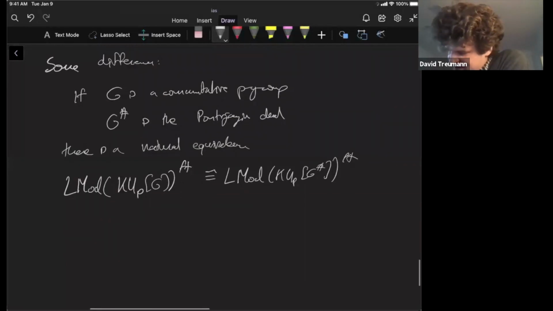Of course, G and G sharp are actually isomorphic as groups, but this equivalence isn't induced by an isomorphism like that. It sends the trivial module to the free module, exchanging the trivial and the free modules.